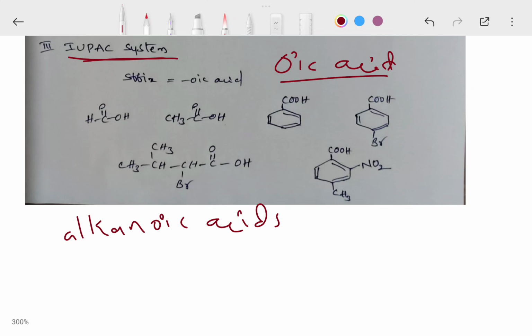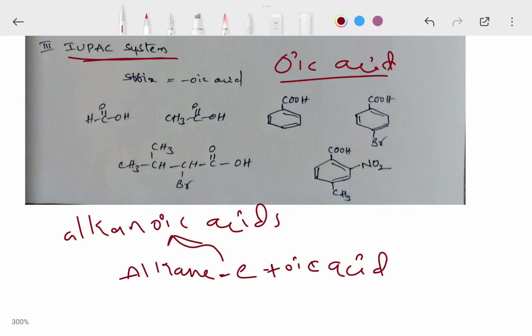Here, in alkane we remove the E and add oic acid. Alkanoic acid means in alkanes, E is replaced by oic acid.